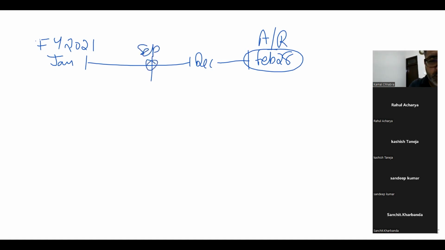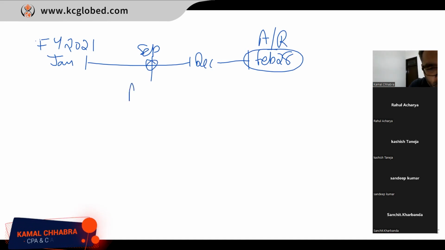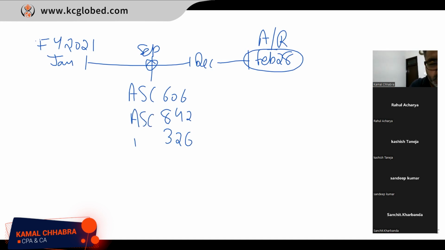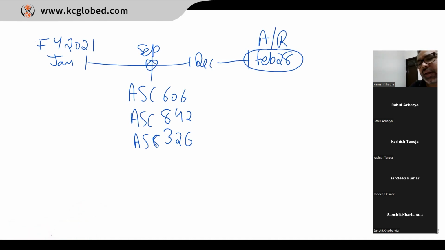When you are conducting the interim audit, you find the company is not in compliance with ASC 606, 842 and 326, which are new accounting standard codifications in US GAAP, because the company accountant is an old school accountant who does not know much about the application of these new accounting standards. In this interim audit of 9 months, you have already reviewed the contracts and summarized the details.